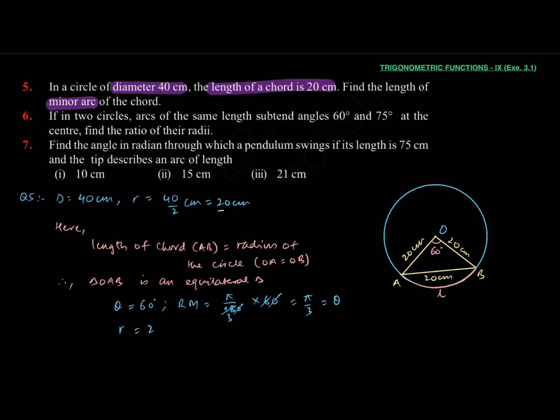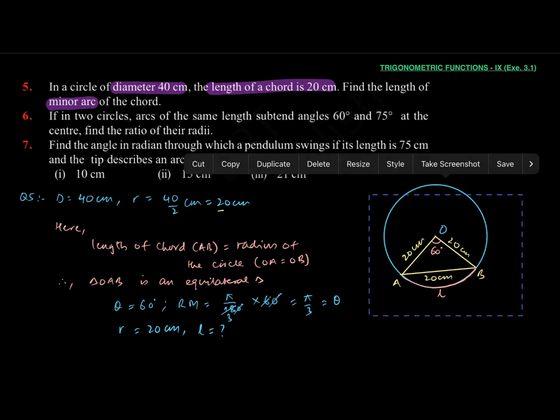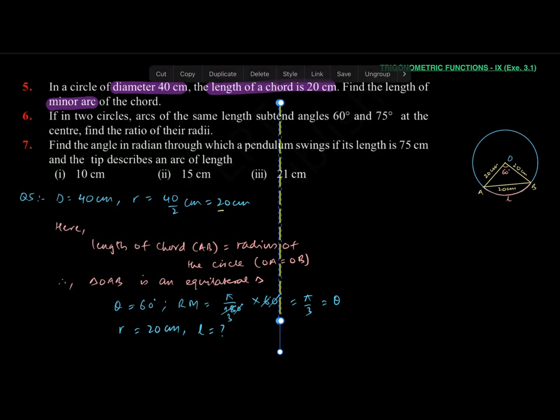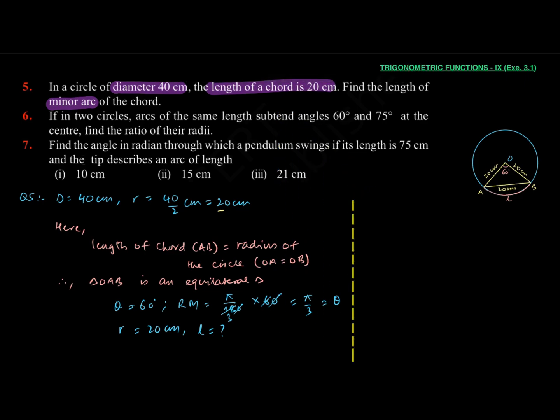Radius of circle, as we know, is 20 centimeter. Now we'll have to find length of arc. From the relation theta is equal to L over R, we'll be having L is equal to R times theta, and this will be equal to 20 times pi over 3, and that will be equal to 20 pi over 3 centimeters.